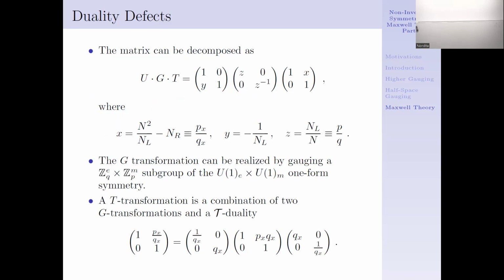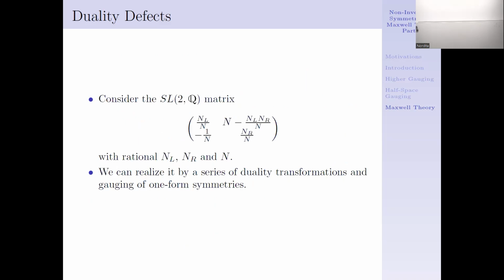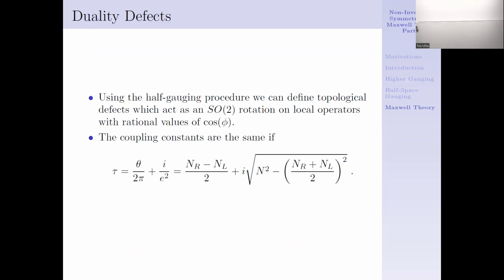So now we can play the game of half space gauging, and we notice that if tau is given by this combination, the action of the matrix that I wrote before leaves tau invariant.